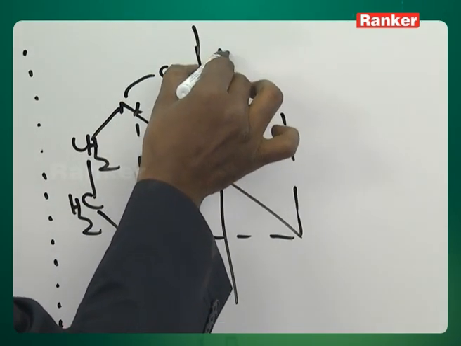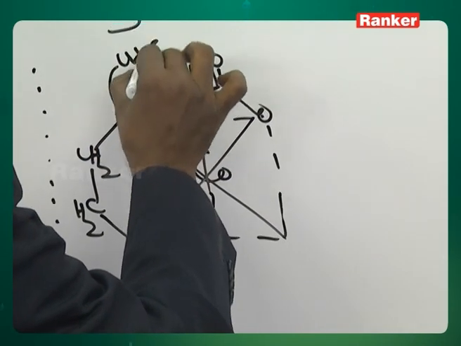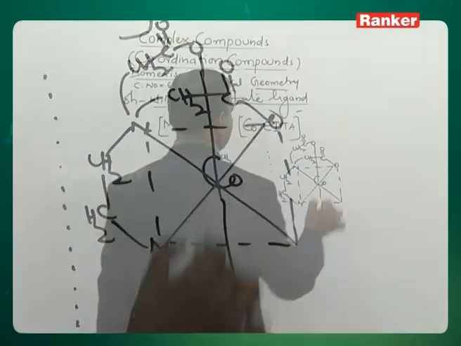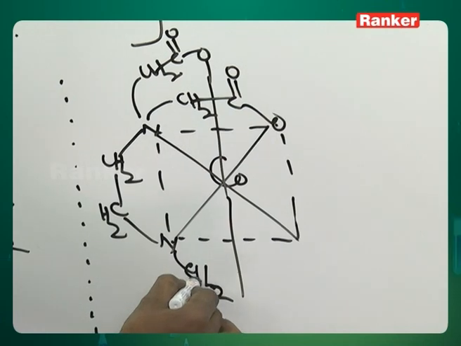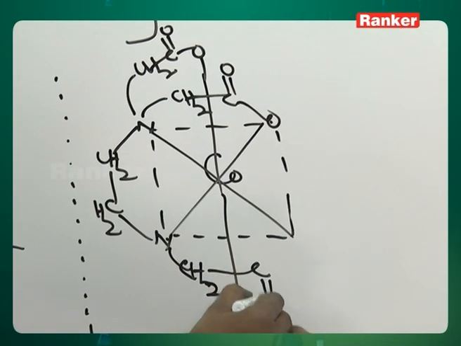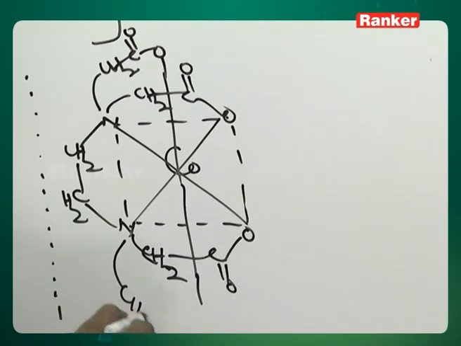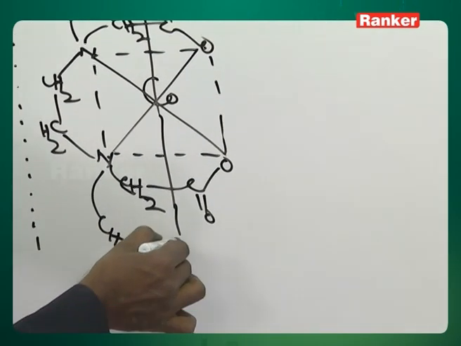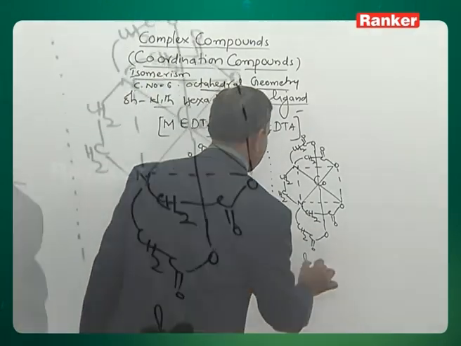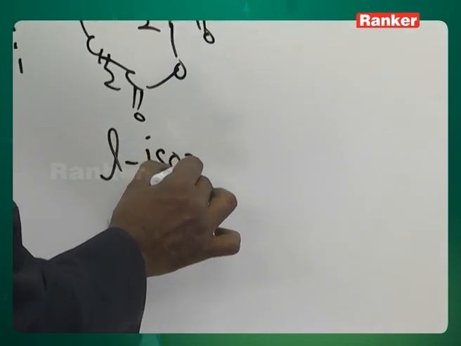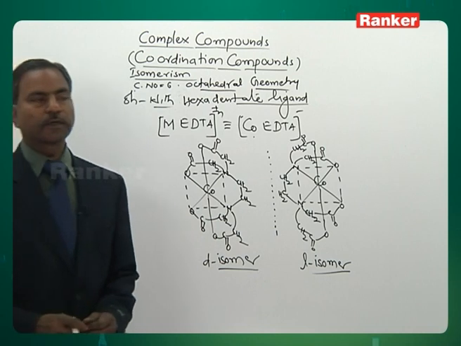Carefully you have to write these diagrams and you have to practice well. CH2 C double bond O. CH2 C double bond O. Next, CH2 C double bond O. One is D isomer, the other one is L isomer. D isomer and L isomer.